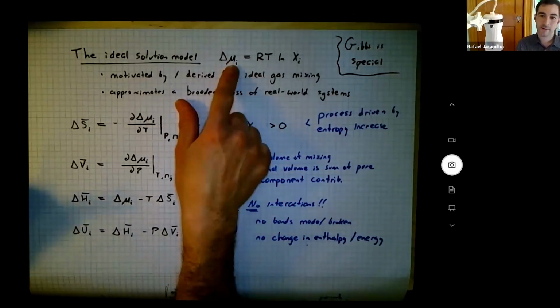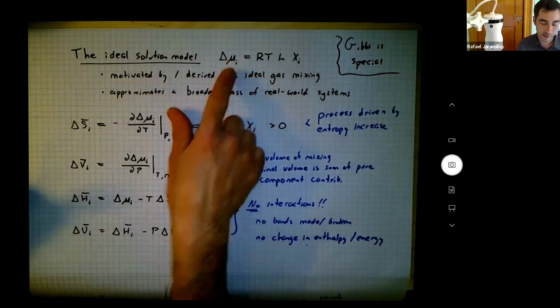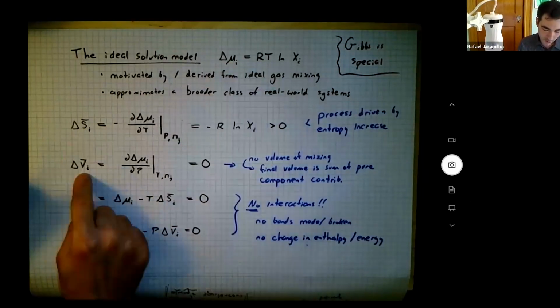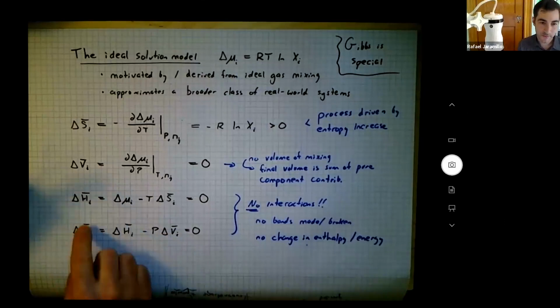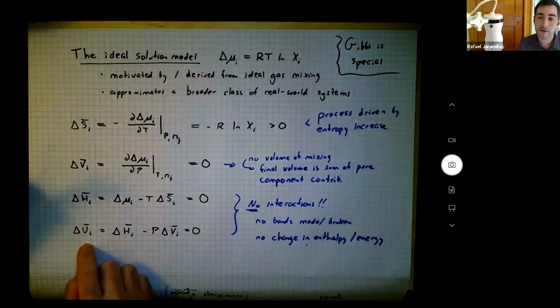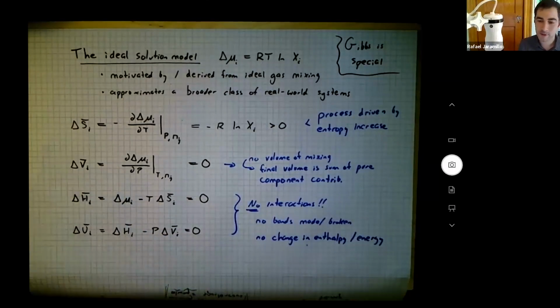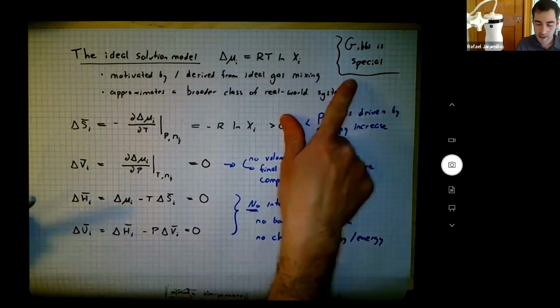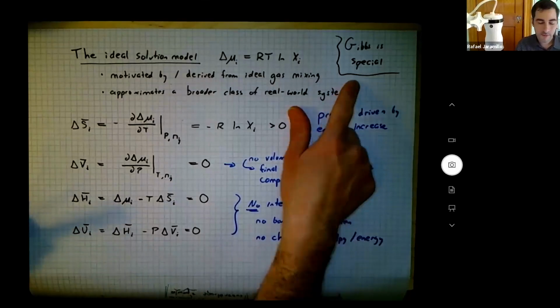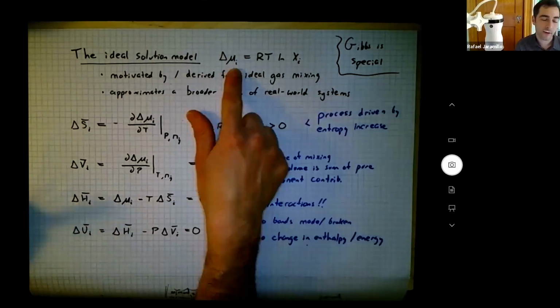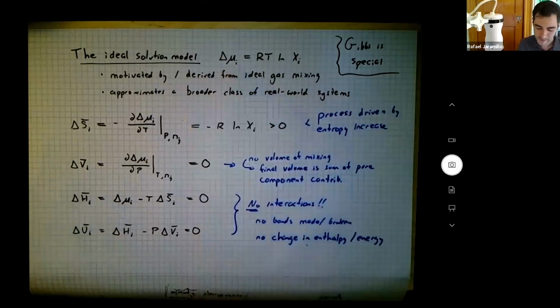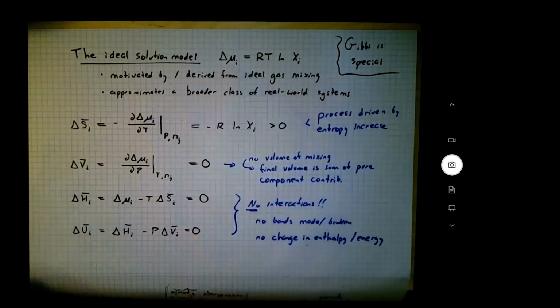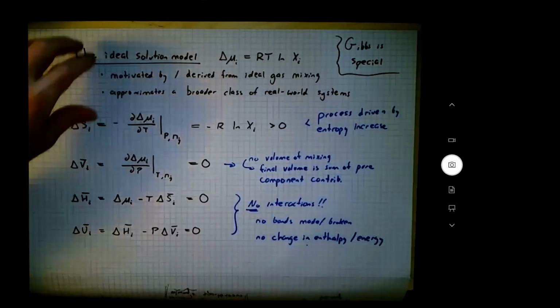We don't have a special term for partial molar entropy, partial molar volume, partial molar H, and partial molar U. It's just historically there's not. I mean, you could imagine coming up with new words and using different Greek letters. But Gibbs is so important that the partial molar Gibbs free energy has been named chemical potential. And so it's special. Good question. Okay, thank you. Yeah, Gibbs is special.